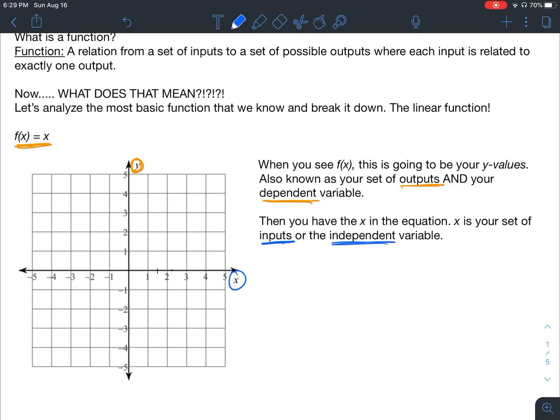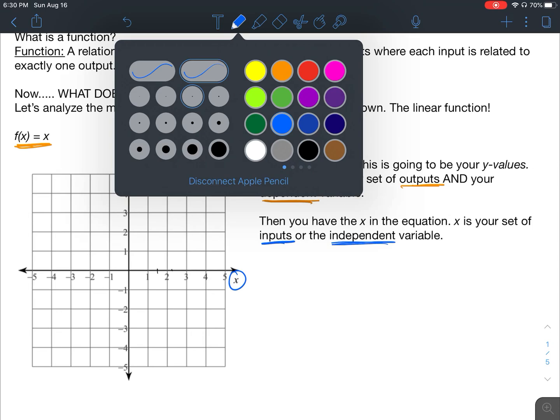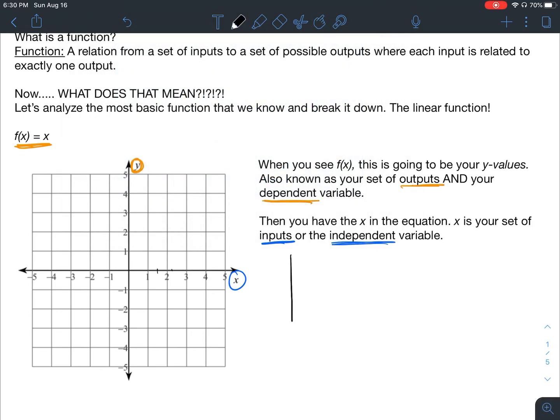So what does an input and an output actually mean? If we were to go ahead and make a table, let's just say we are making a table of our f of x equals x function, x and f of x.